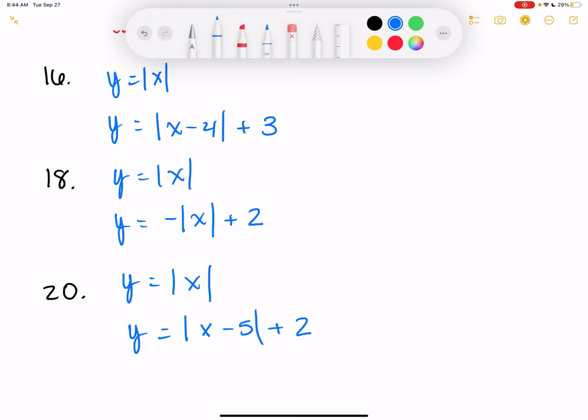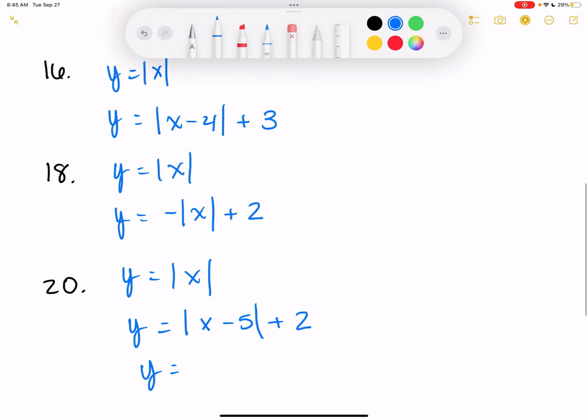With the other ones we did, like 16, it was just up 1 over 1. And with 18, it's just down 1 over 1, so if it's reflected, we put the negative on it. So we put the 2 out front as the slope value, or rather to show that it's either stretched or compressed, as the case may be for that particular problem.